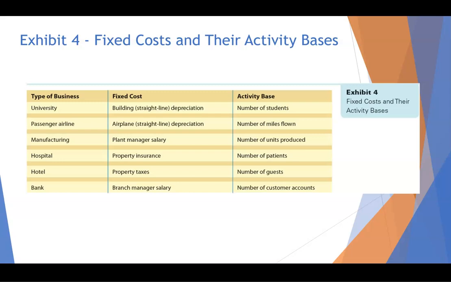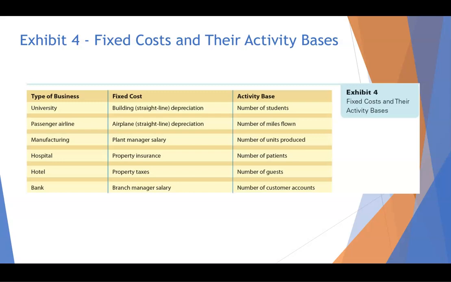So for a university, the building is a fixed cost because with more students, that fixed cost will go down per student. But it's a fixed cost given a relevant range, no matter how many students are at the school.